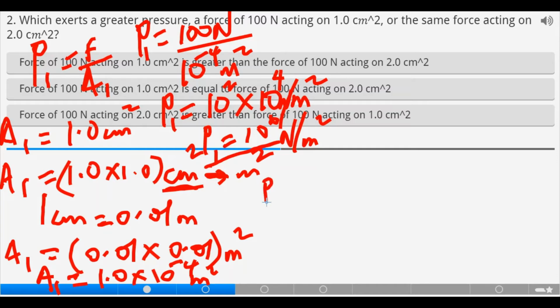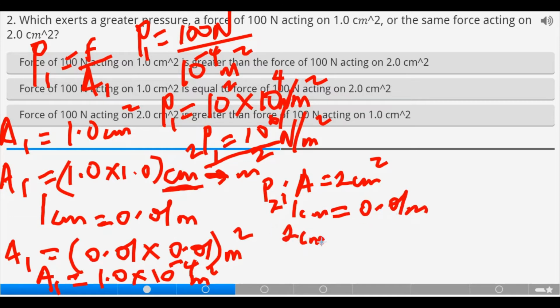So let's do that of P2, where our area is what? 2 centimeter squared. Don't forget that if 1 centimeter is equal to 0.01 meter, 2 centimeter will be equivalent to what? Multiplying 2 by 0.01 meter.